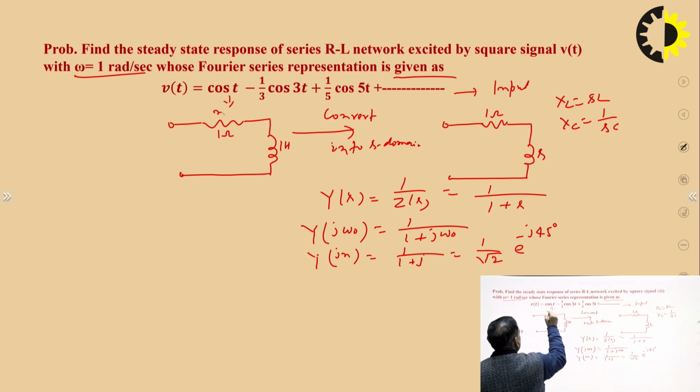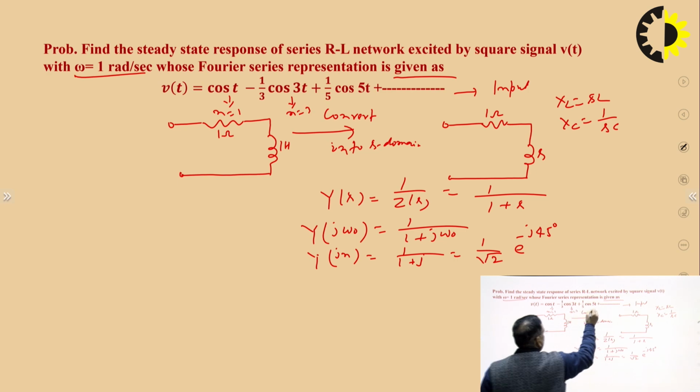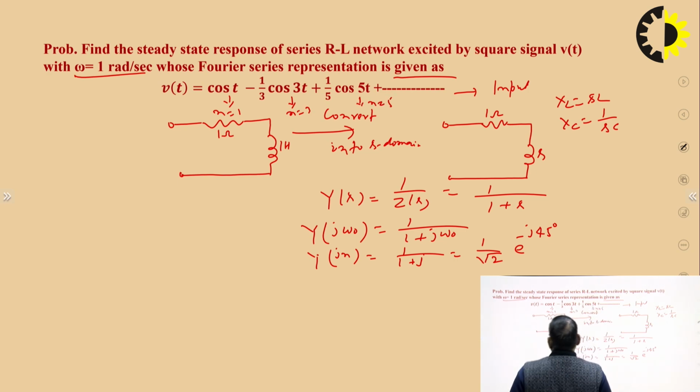This is n equal to 1, this is n equal to 3, n equal to 5. So we have to carry out the odd harmonics, n equal to 1, 3, 5.